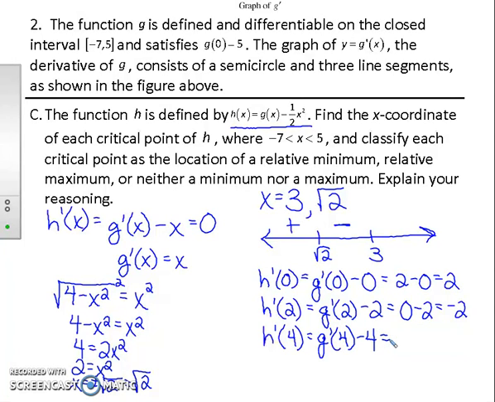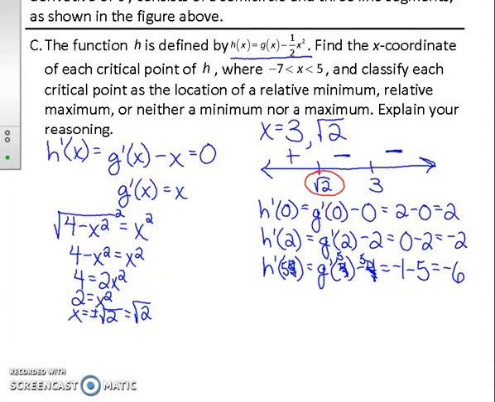If you look at the graph, when x is 4, that was kind of hard to see, but I can do 5, because 5, I can tell exactly where it is. So g prime of 5 is negative 1 minus 5. So what I notice here is this is the only place where it actually changes sign, and it changes signs from positive slopes to negative.